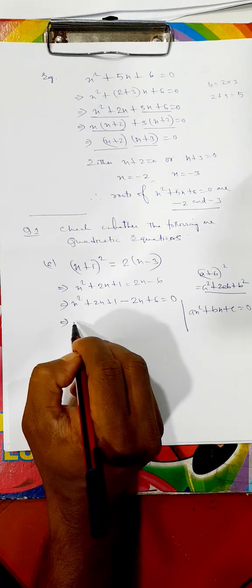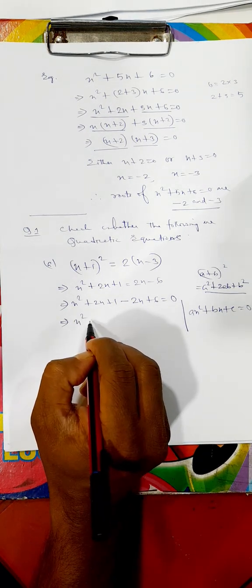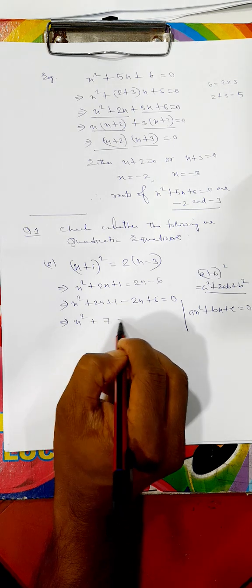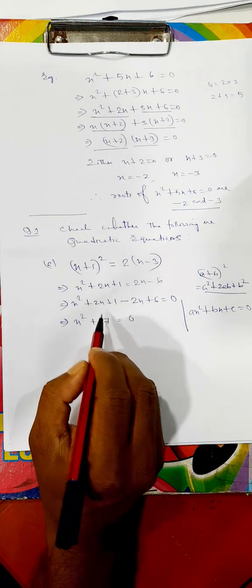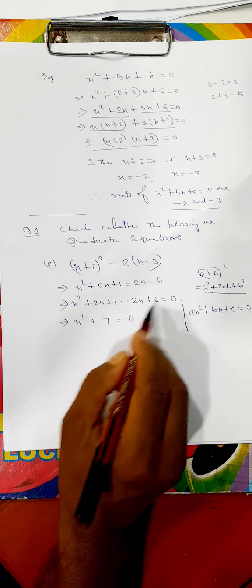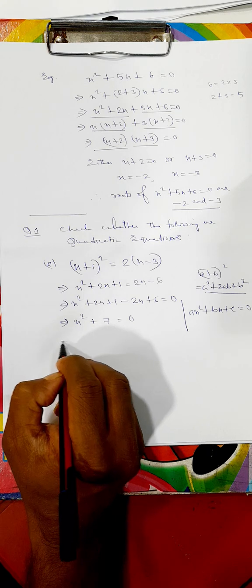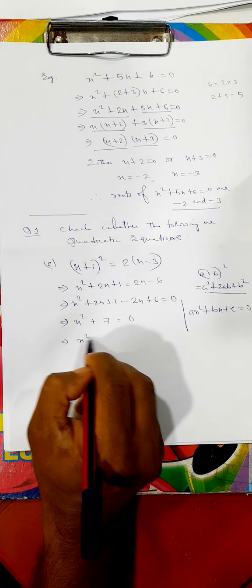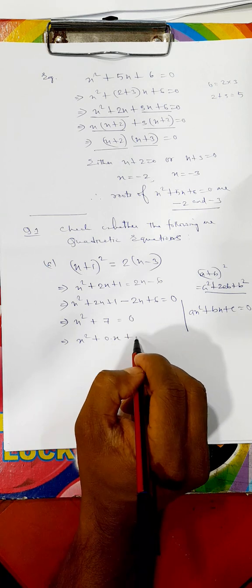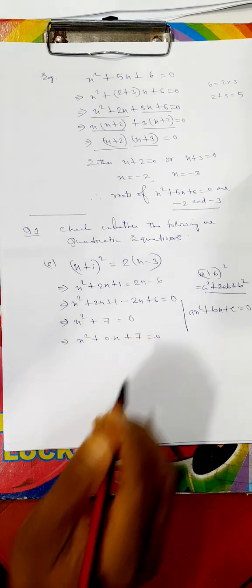This becomes x square plus 7 equal to 0. This 2x and this 2x cancel each other. So 1 plus 6, 7. Now you can compare this with x square plus 0 into x plus 7 equal to 0.